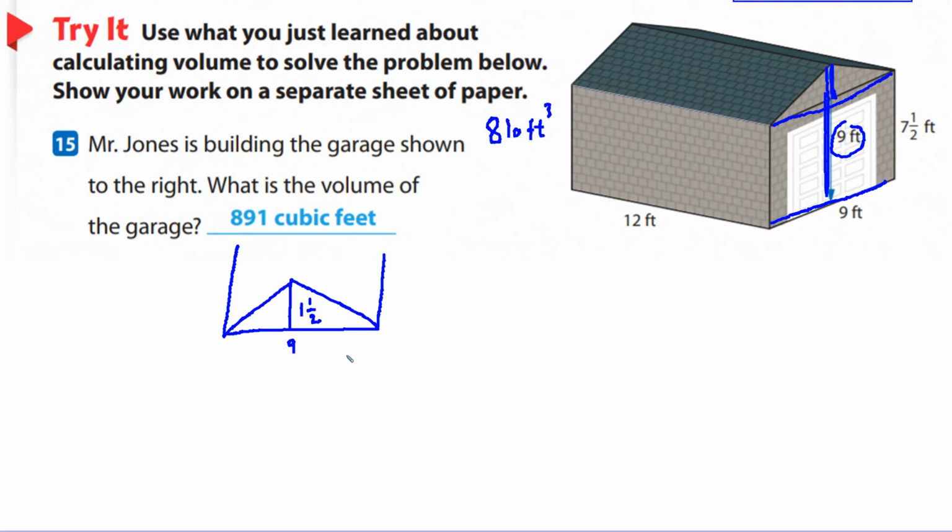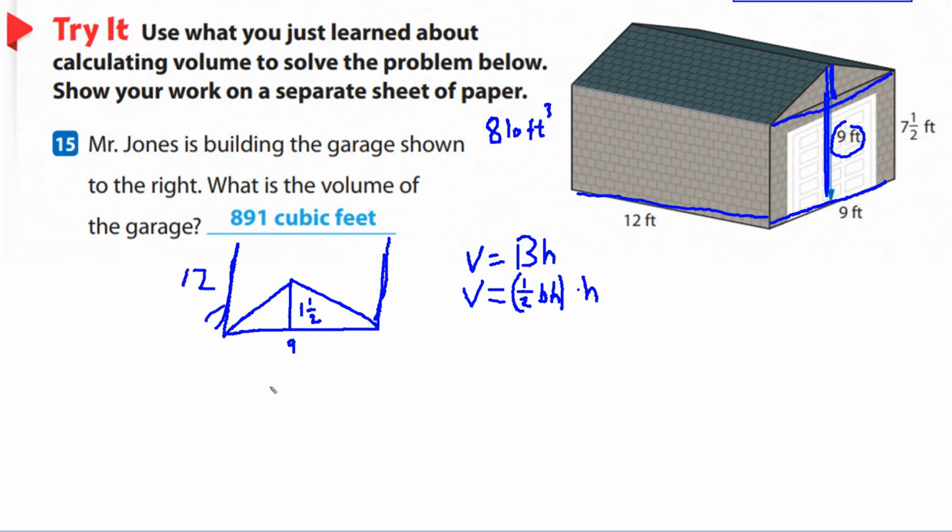And now I'm going to find the area of this triangle. Remember, the volume is base times height, right? The area of a triangle is 1/2 times base times height. And then we're going to multiply by the height, which will be 12, right? This whole thing right here will be 12.